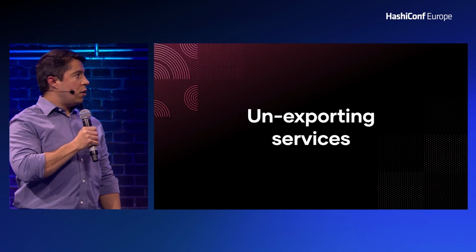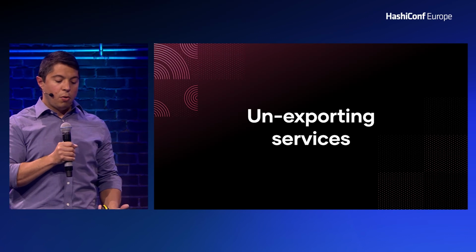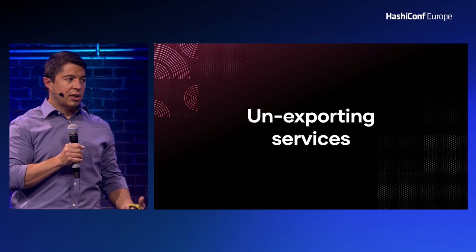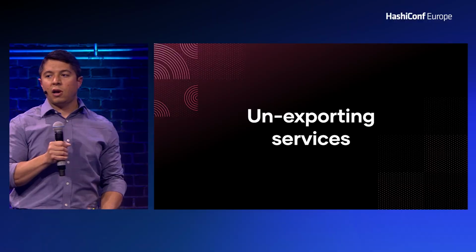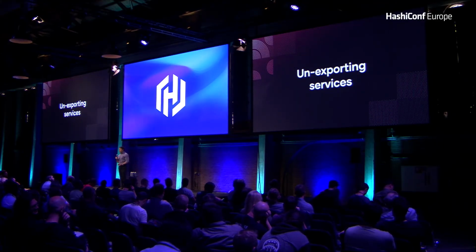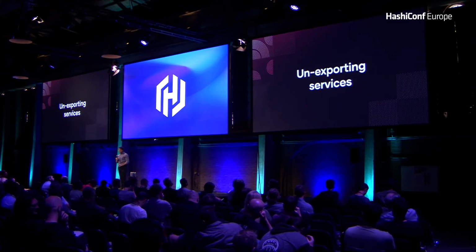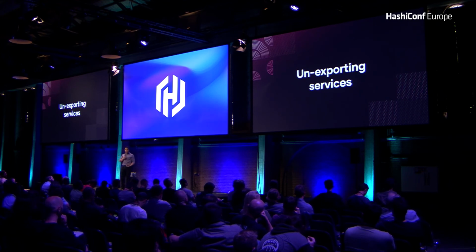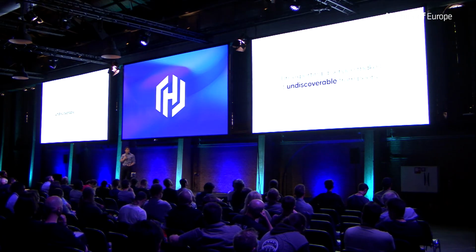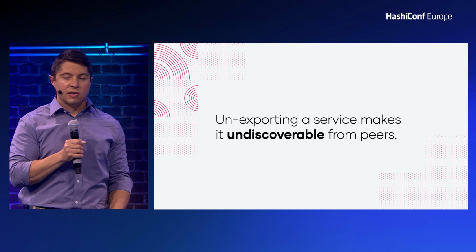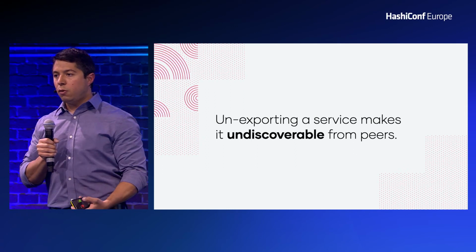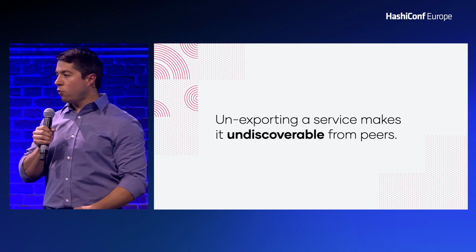At some point, after you have service connectivity between peers, you may decide that you want to stop advertising a service to a specific peer. You can do that by unexporting the service. When you unexport a service, it makes it undiscoverable from those peers.